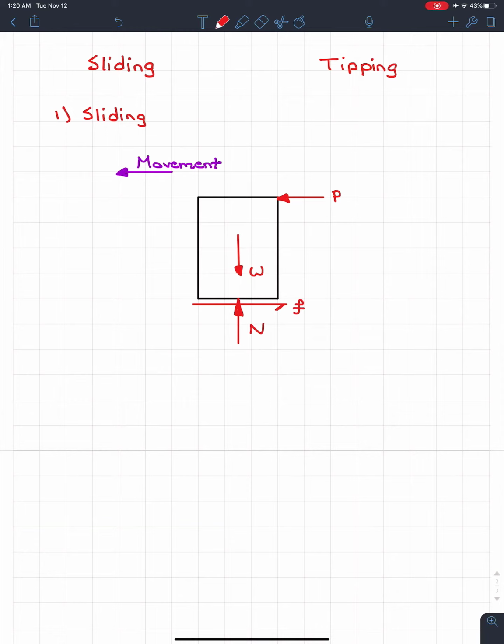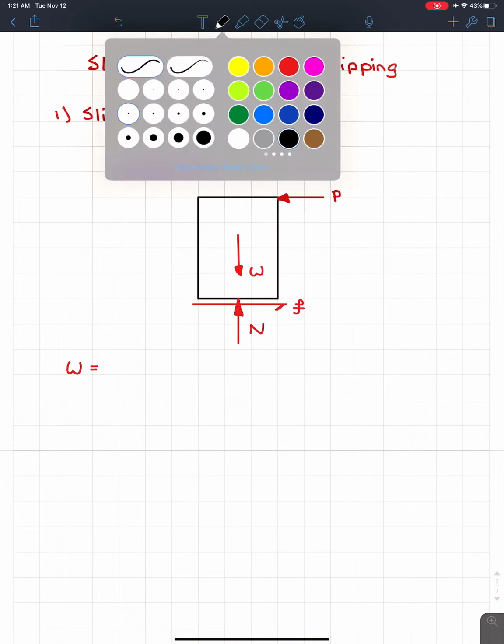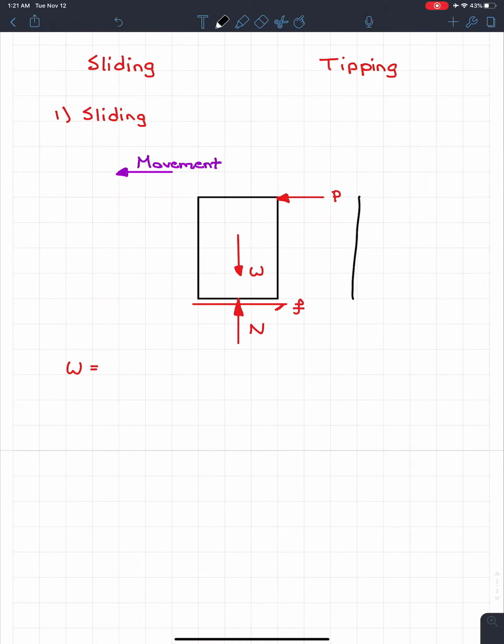So if we look at this right here, let's try and figure out our knowns and unknowns. The first one that we know for sure is the weight of the crate, because we said that the crate itself weighs 150 kilograms. Before I do that, I'm just going to dimension the crate. I can't believe I forgot. All good free body diagrams should have the dimensions of the body.